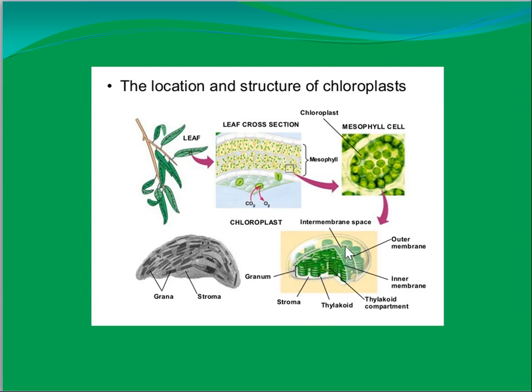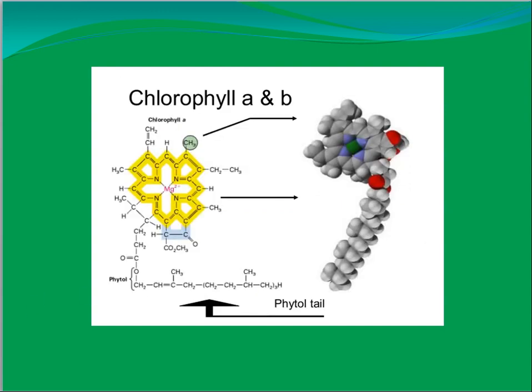Between these places is the intermembrane space. You can see that in this space it's stroma and granum. Chlorophyll A and B in the structure of chemical process in the phytol tail. This is chlorophyll A.